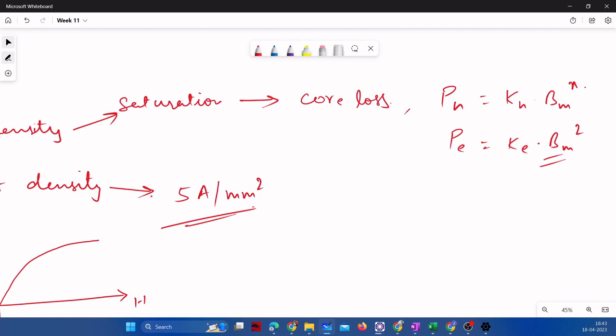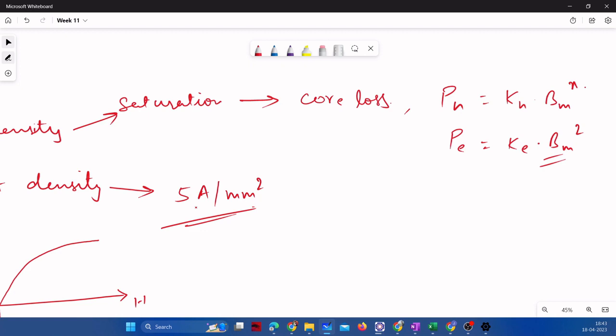You can exceed 5, up to 5.5 or 6, and you might observe certain things. But 5 ampere per mm square is considered a very safe value. So if you are designing and you do not want to redesign, if you want to finalize a product with a certain current density without any cooling medium, then you take the safe value of 5 ampere per mm square.